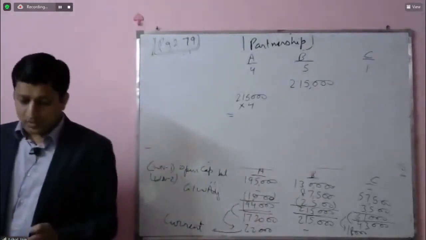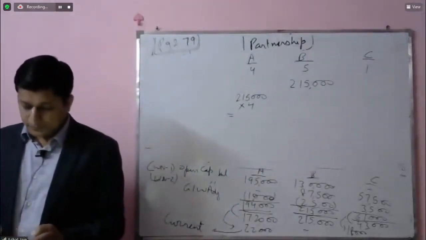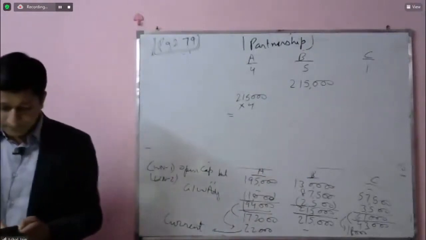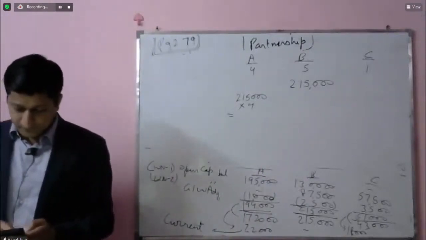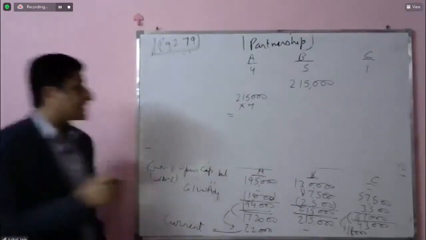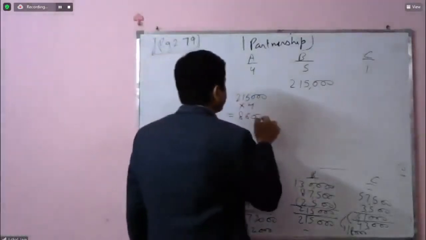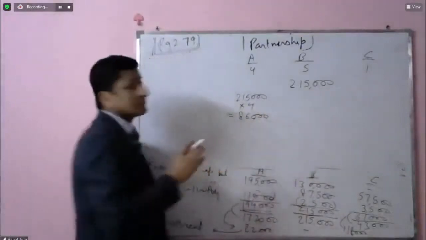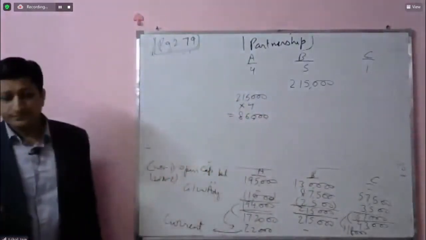Let me just compute these amounts. Two lakh 15,000 into 4, we get 8,60,000. Okay.